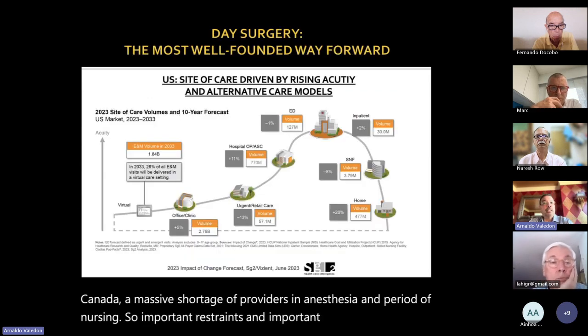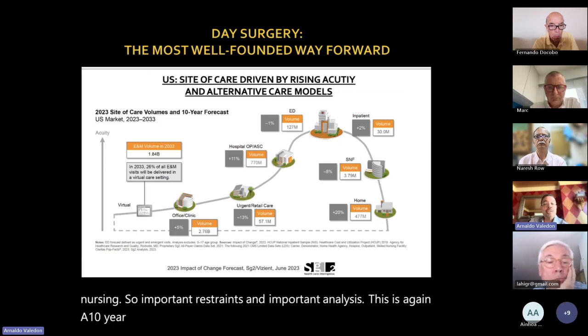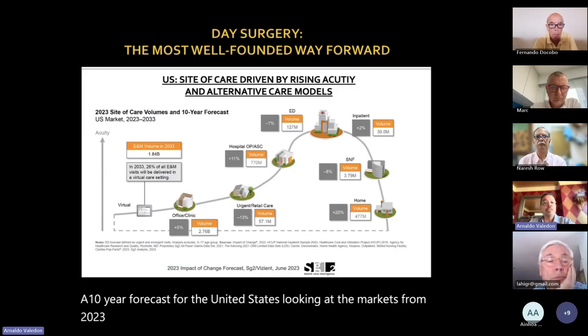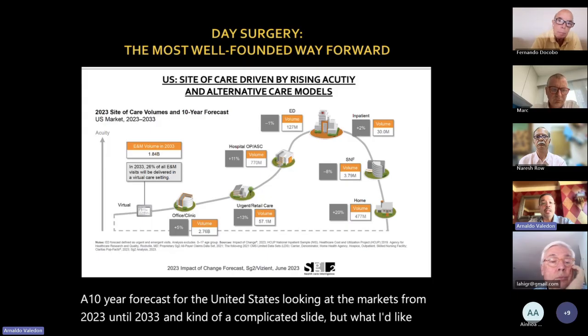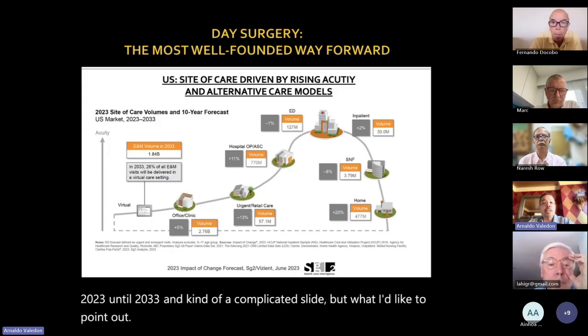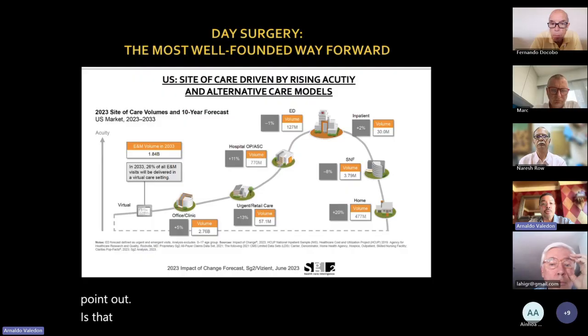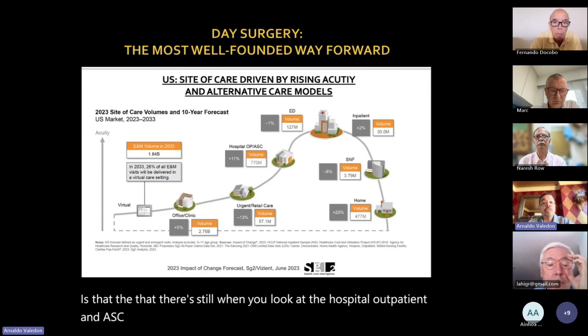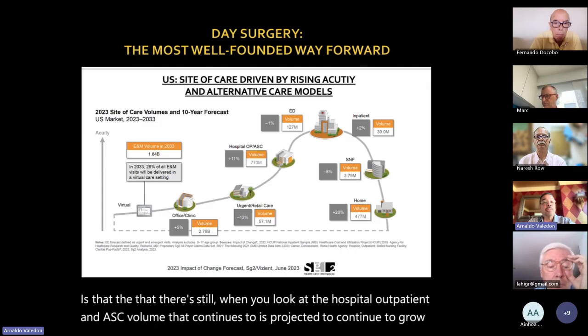This is, again, a 10-year forecast for the United States, looking at the markets from 2023 until 2033, and kind of a complicated slide, but what I like to point out is that when you look at the hospital, outpatient, and ASC volume, that is projected to continue to grow by about 11%.